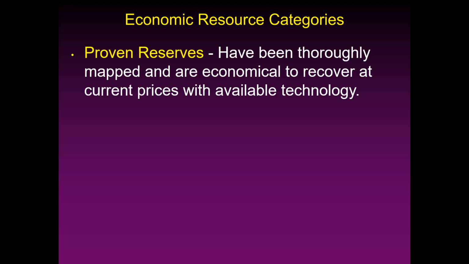So proven reserves have been thoroughly mapped and are economical to recover at current prices with available technology. If you want a really good example of this, look at the Economics Explained YouTube channel. They just did a video over negative resources, and they were talking mostly about oil.